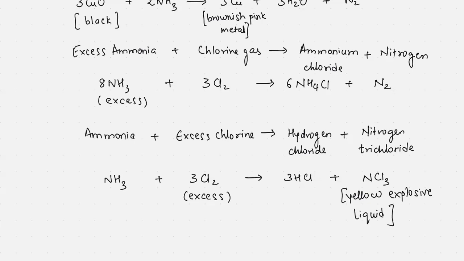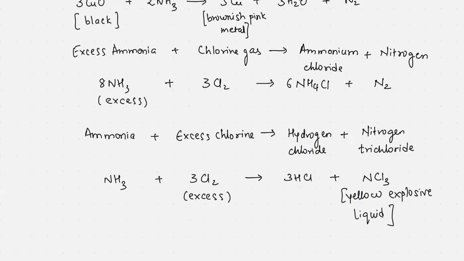Like, it's a source of hydrogen, source of nitric acid, used in manufacture of explosives, dyes and drugs, plastics and resins, baking soda, washing soda, artificial silk, and fertilizers like urea, ammonium sulfate, ammonium nitrate, calcium ammonium nitrate, diammonium hydrogen phosphate, etc.